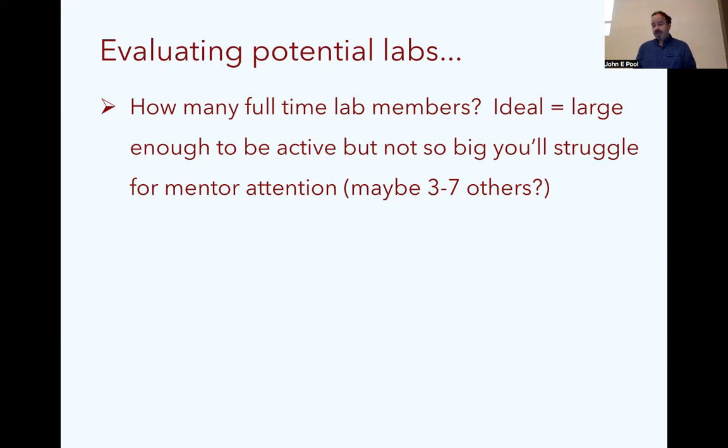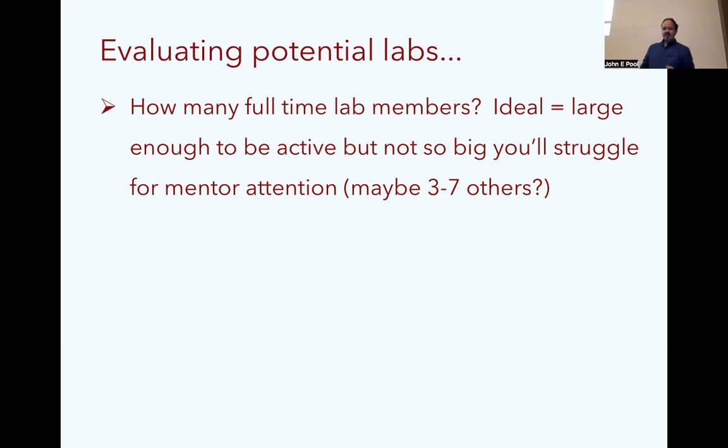And on the other side of things, if a lab is very tiny, there are not as many people to talk to, at least in that lab. Maybe you could interact with others in other labs, but it's hard to say. Funding might or might not be limited. There might be reasons that they're at the small size they are.